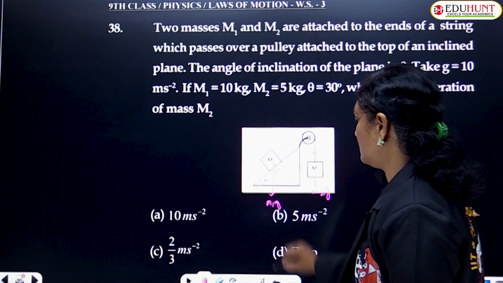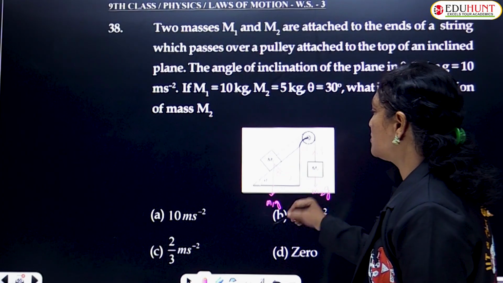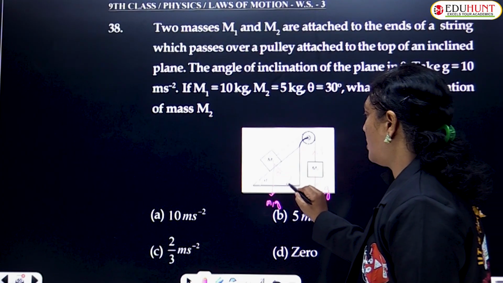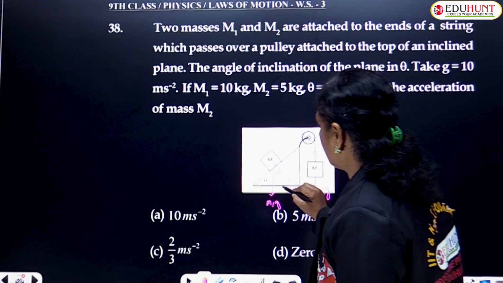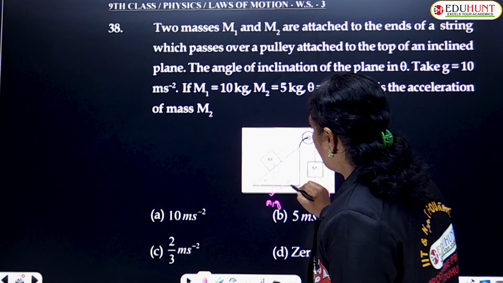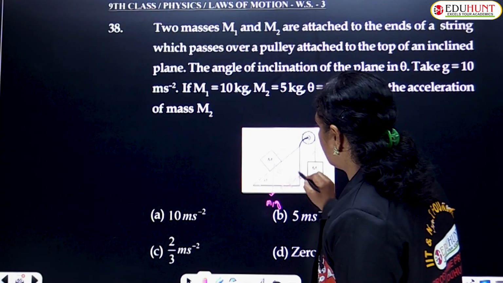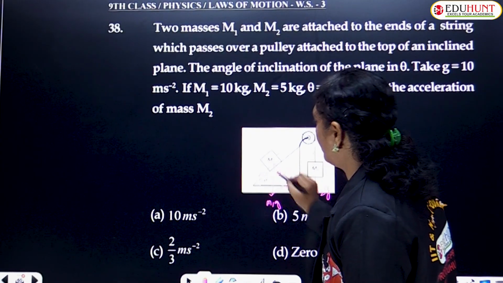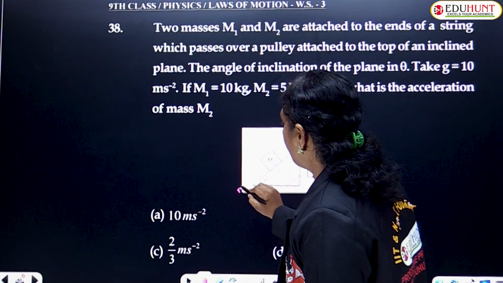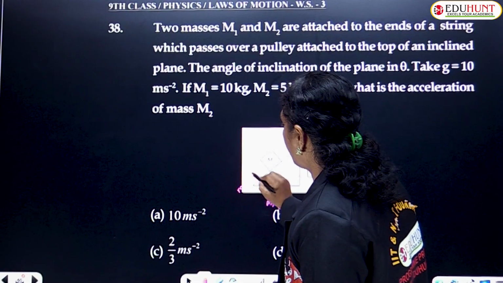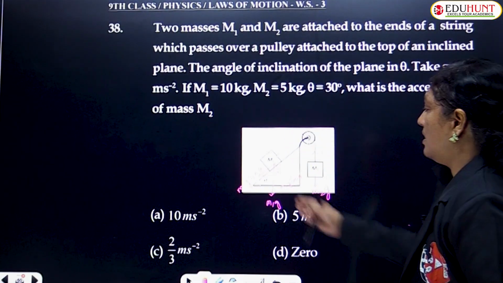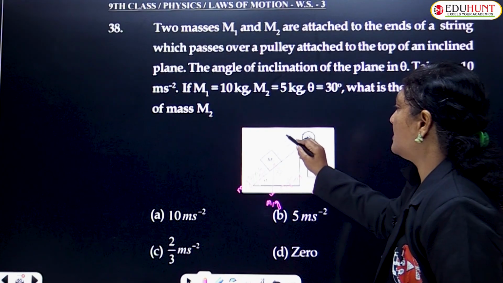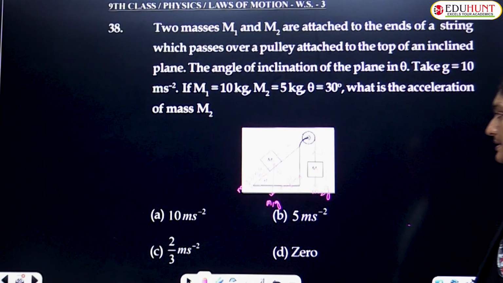So this is also theta. So this M1G is resolved into two components. Horizontal component given by M1G cos theta, and vertical component given by M1G sin theta. And the tension acting in the string must be some T.